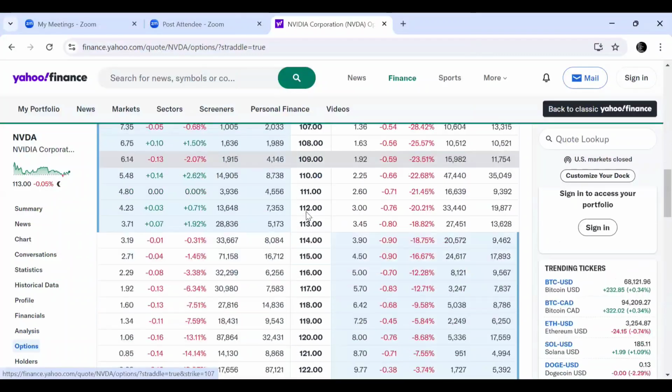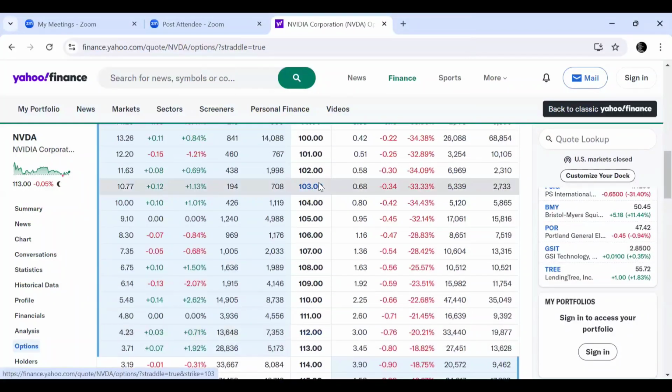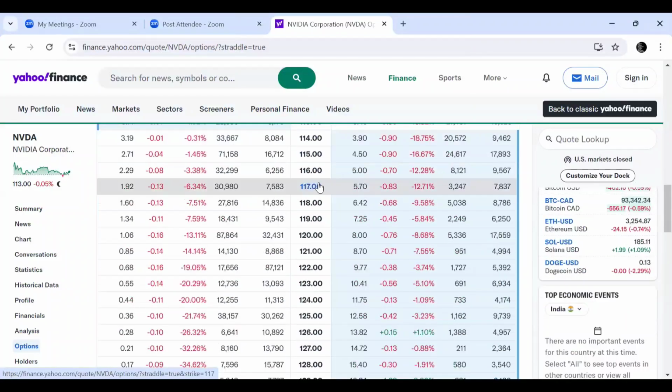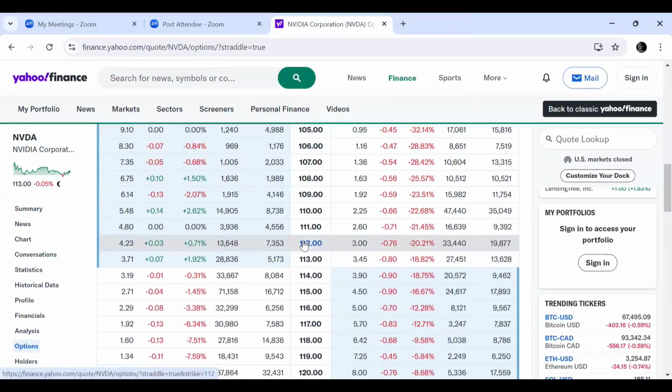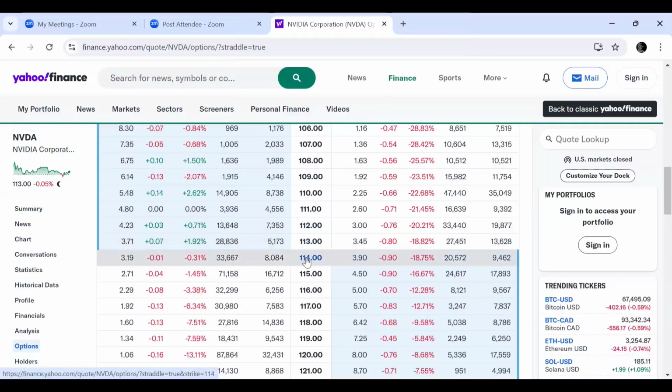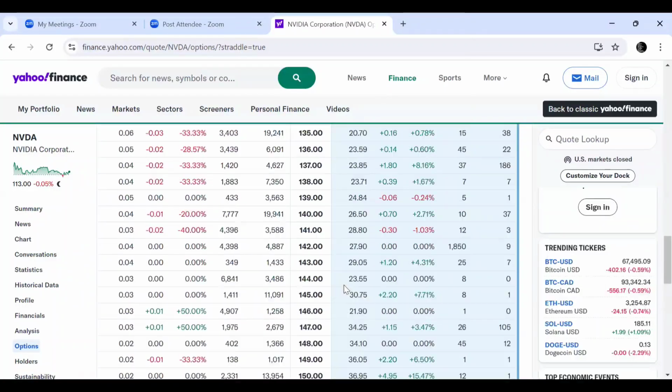So I am repeating again: $113, the current price, is at the money; less than the current price, $112 to $50, is in the money; and greater than the current price, $114 to $220, is out of the money options.